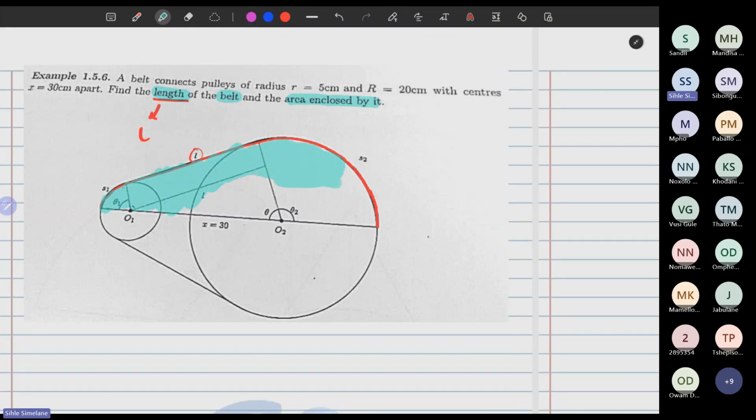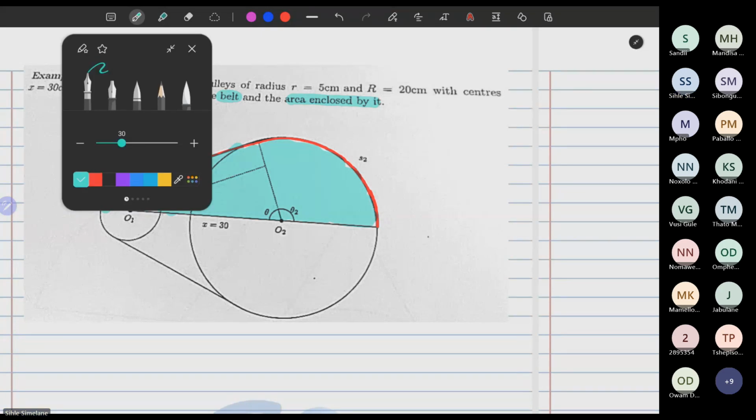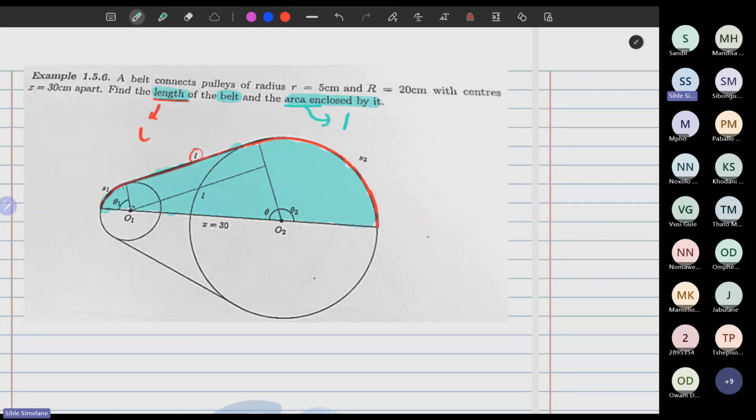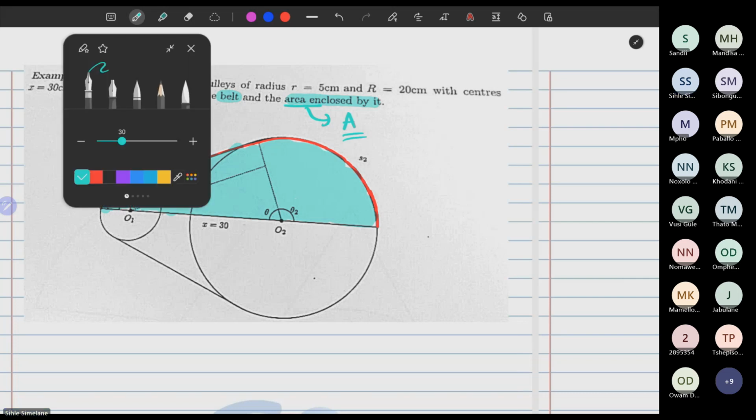So we need to figure out what that area is, which is in blue. Finding this area is very easy. That area in blue, we'll call it A. There are a couple of things I want to remind you before we go into this, which will help you to understand the problem.